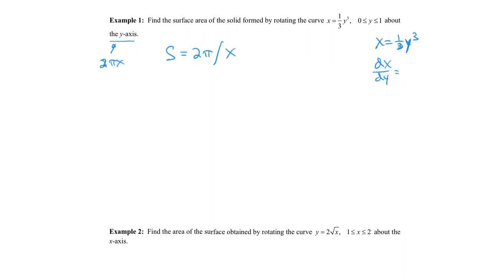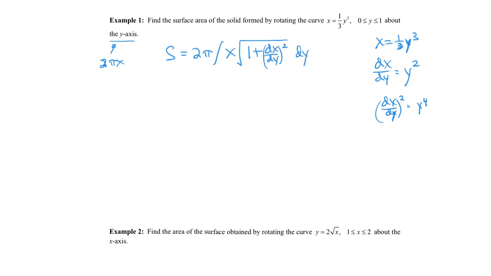I take the derivative and we get 1/3 times 3, which is of course 1, so we get y squared. And then we have to square this, so in the formula we'll have dx dy squared, which would be y to the 4th. So I'm going to use this formula, 1 plus dx dy squared, dy.